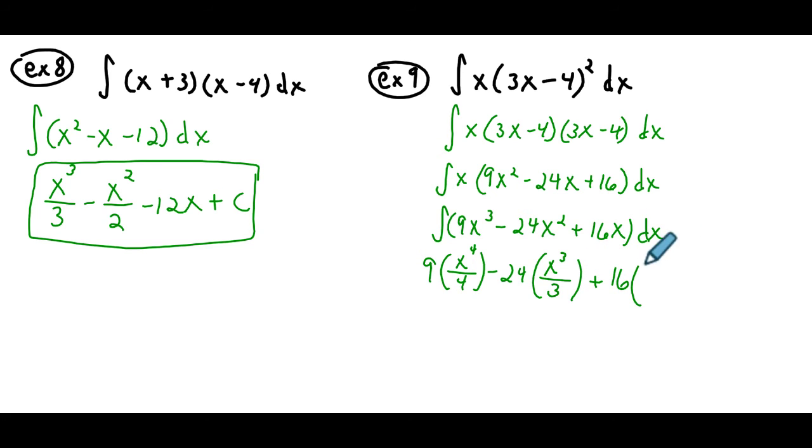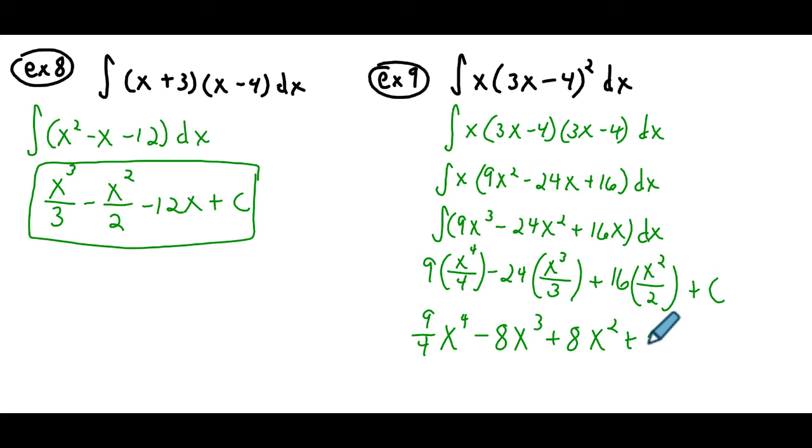Add 1 to my exponent, so 1 plus 1 gives me 2, so I must divide by 2. Add my c. So this gives us 9/4 x to the 4th minus 8x cubed plus 8x squared plus c. And that is our antiderivative of this function.